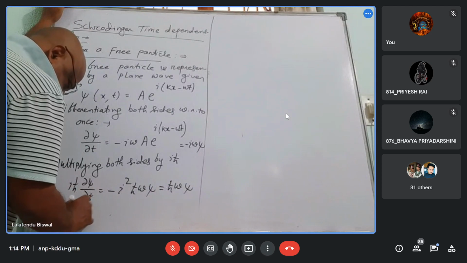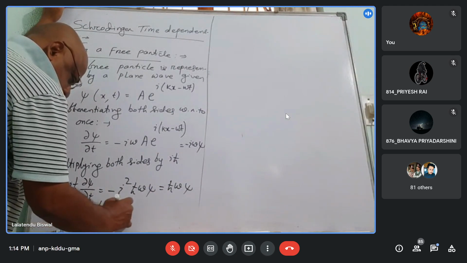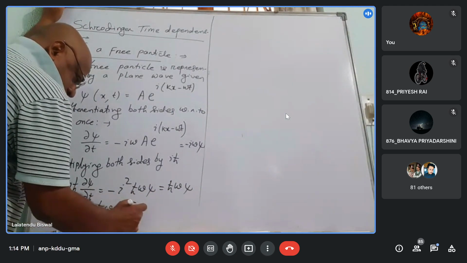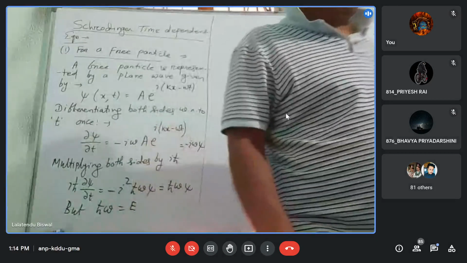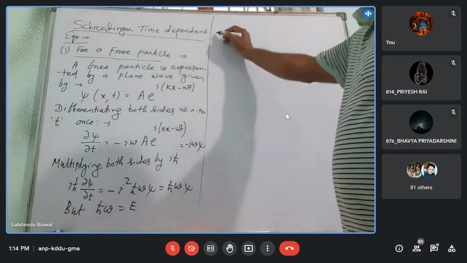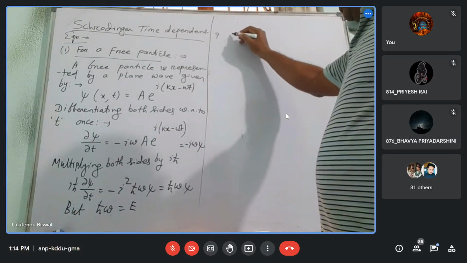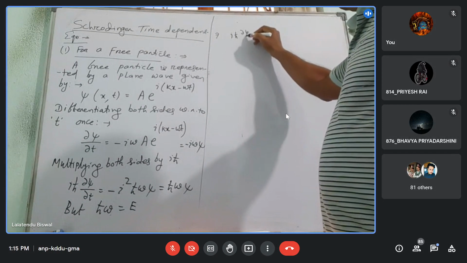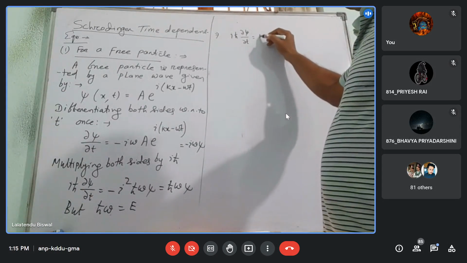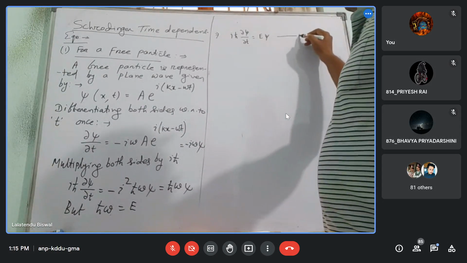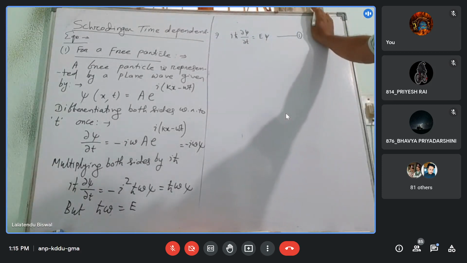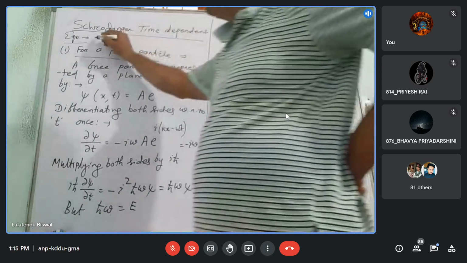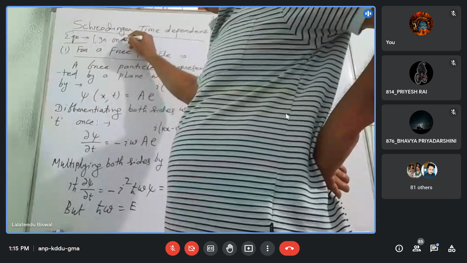But what is h cross omega? As we know, it is equal to total energy, which is also equal to kinetic energy for a free particle. So what you got is i h cross del psi by del t is equal to E psi. Whenever you are asked to derive the time dependent Schrodinger equation in one dimension, you will proceed like this.